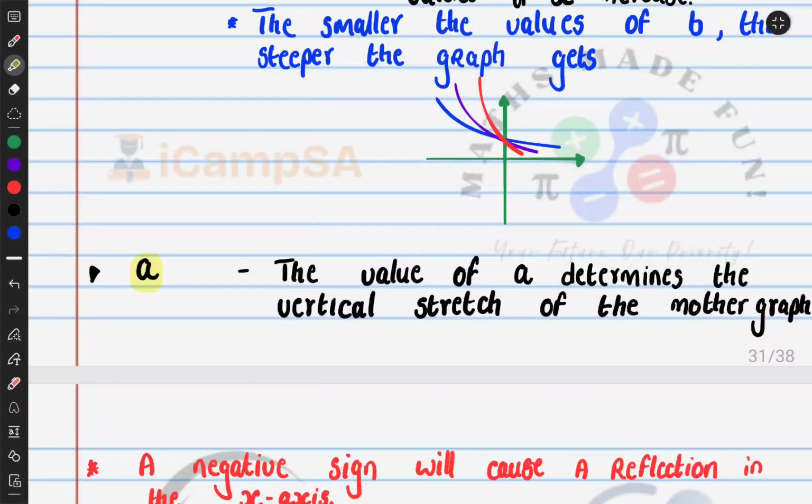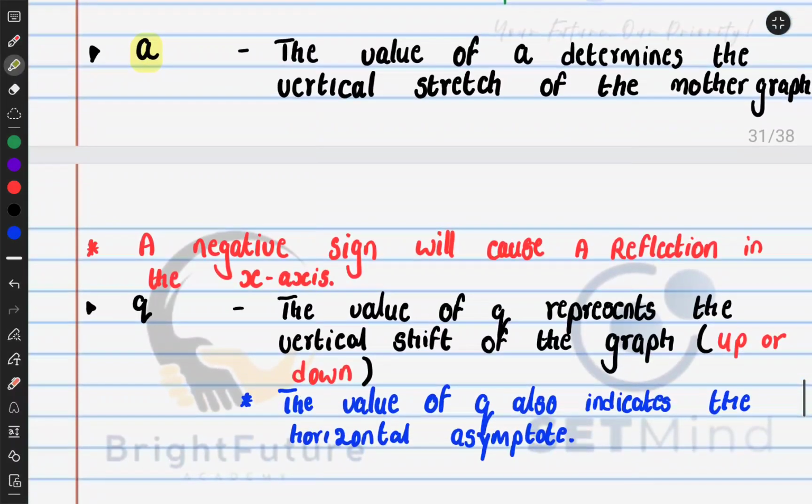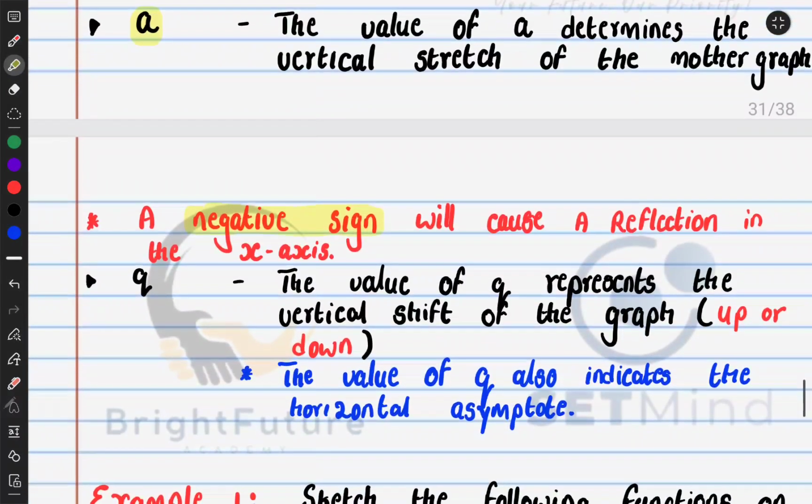In other words, a determines the vertical stretch of the graph, and of course, as you might be aware right now, a negative sign will cause a reflection in the x-axis. That still holds true even for the exponential function.